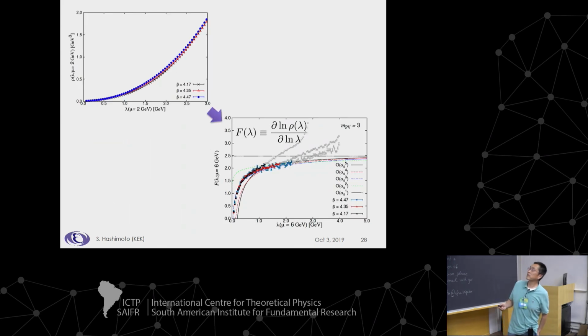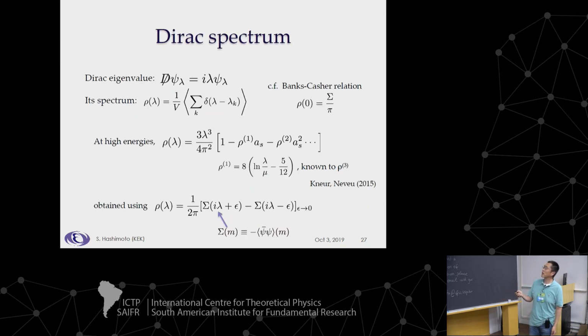So this is our lattice data on the top left. As a function of lambda, the density is shown, and near 0, we should have some finite density that corresponds to the chiral condensate, but in this scale, that is too small to see. Starting from here, I want to look at the power, how much it deviates from lambda cubed.